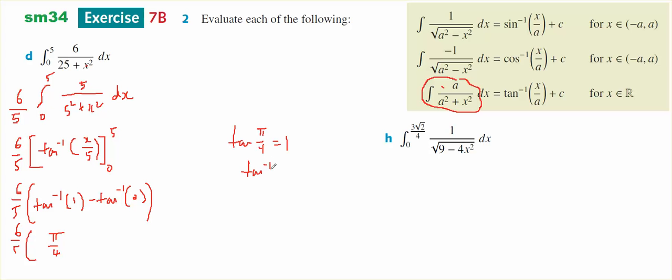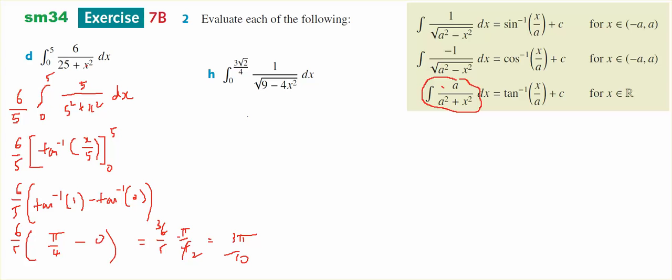Therefore, the inverse tan of 1 will give me pi on 4. Minus 0, so I end up with 6 on 5 times pi on 4, which equals 3 pi on 10 is going to be the first answer.